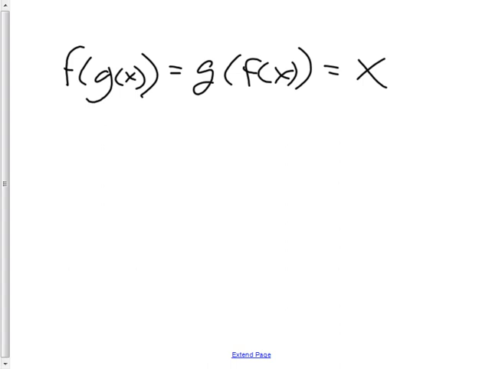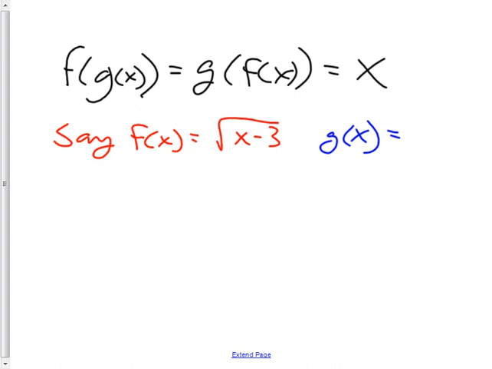Okay, now, if we're going to prove those two things that we just had were inverses, I need to call one of them f of x. So say f of x is the square root of x minus 3. Then g of x is the one we just figured out. What was it? x squared plus 3? I think it was.